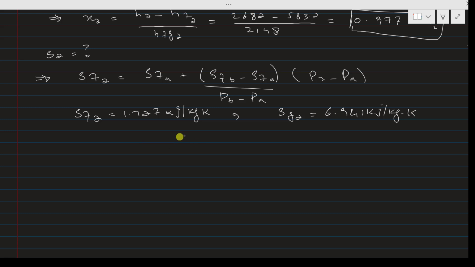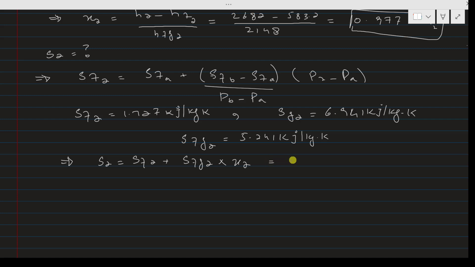So take the difference of these two values, you will get the Sfg2, that is equal to 5.241 kilojoule per kg Kelvin. So the final value of S2 will be equal to Sf2 plus Sfg2 multiplied with the dryness fraction.